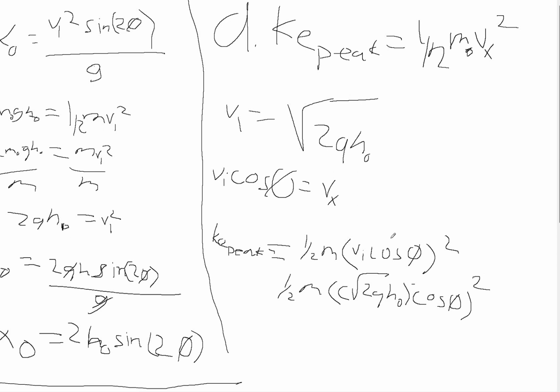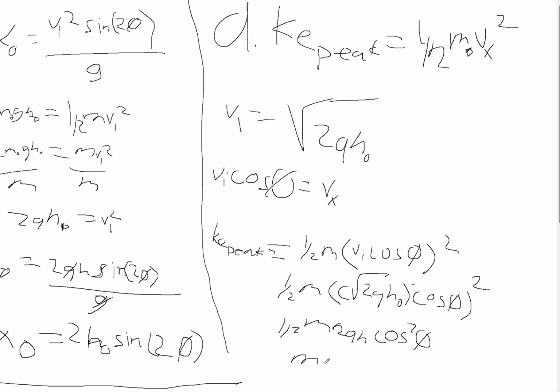And now we're going to square everything, distribute the square. We're left with 1/2 m times 2gh cosine squared theta. Alright, then we can see that 2gh, distribute that 2 out.